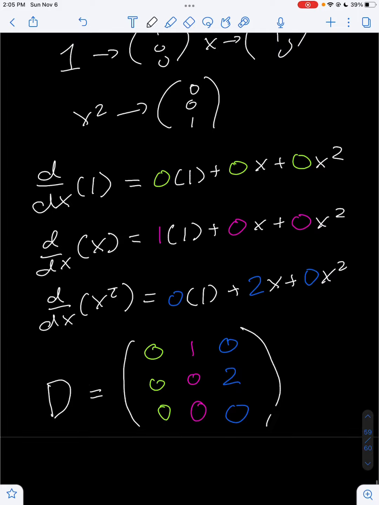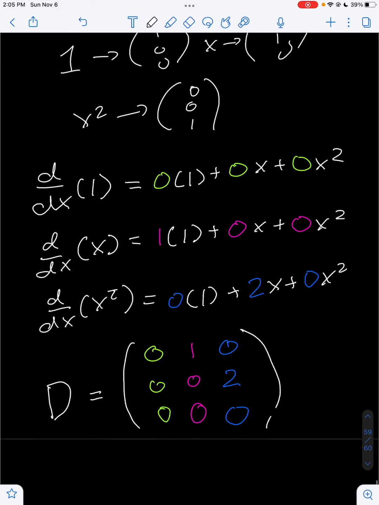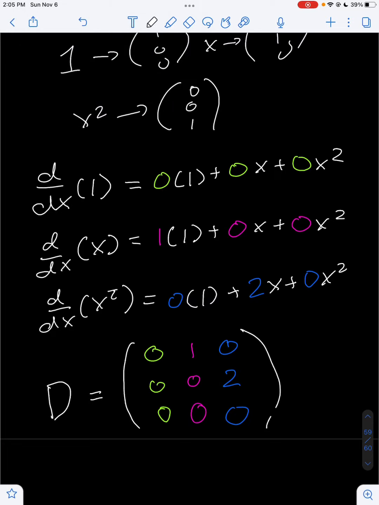So this is our matrix form of the derivative. And we see that we found this matrix by just putting our components of the derivative acting on each of the basis vectors inside one column of this matrix.